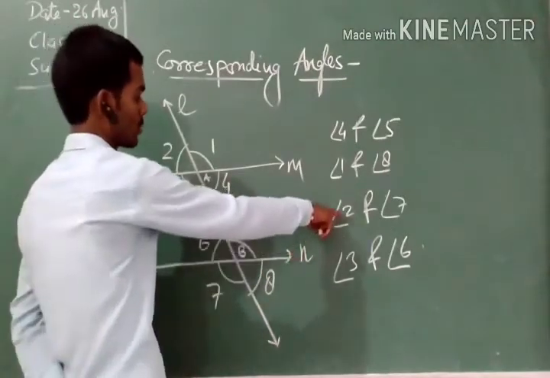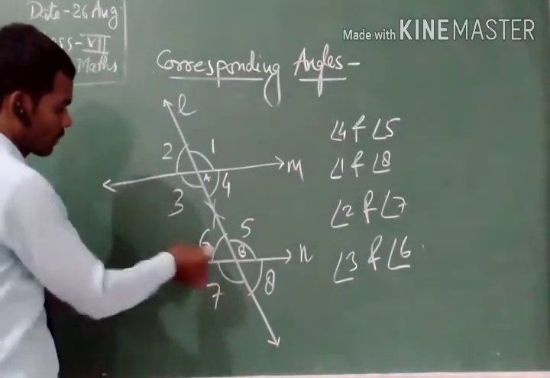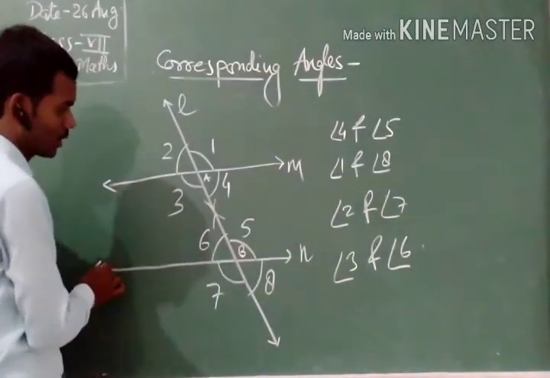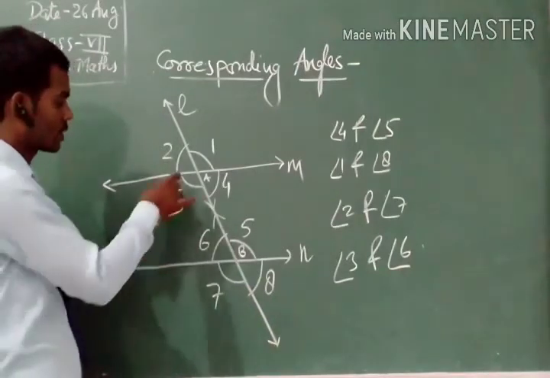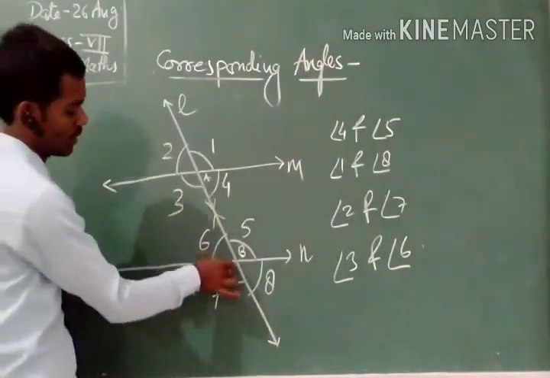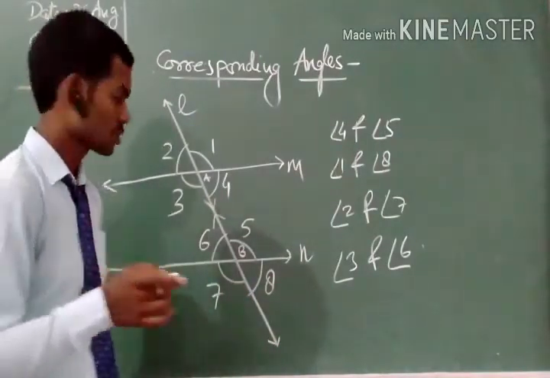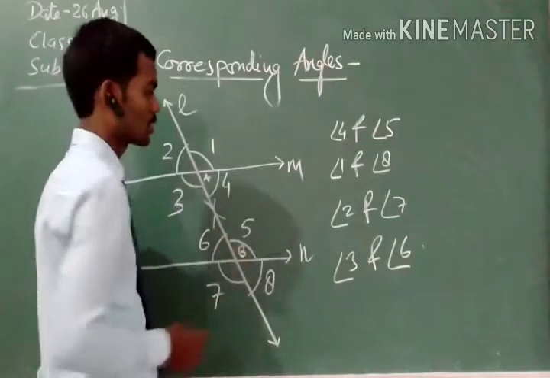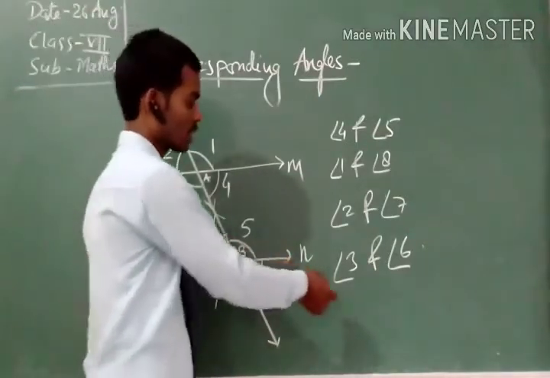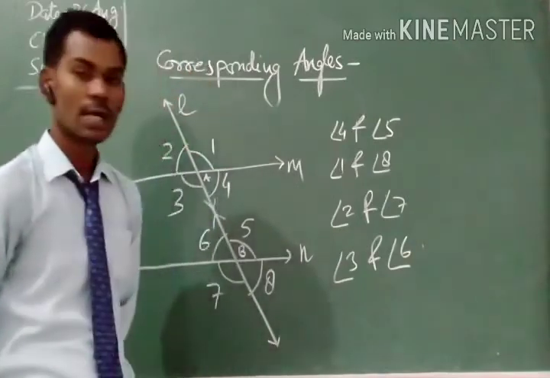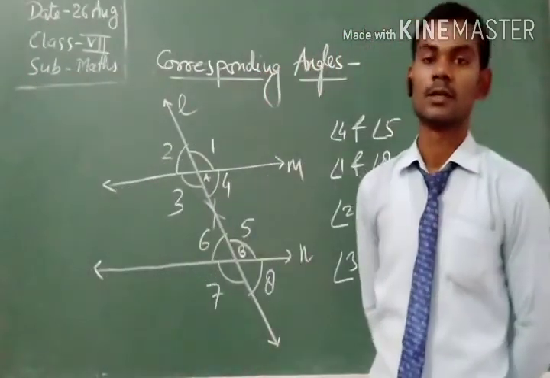Similarly, in the case of angle 2 and angle 7, one arm of angle 2 and angle 7 is on the same side, and the other arm is formed by the transversal pointing in the opposite direction, so 2 and 7 are also corresponding angles. And similarly we can verify that angle 3 and angle 6 are also corresponding angles.